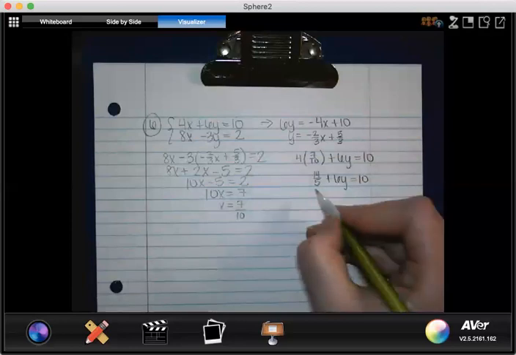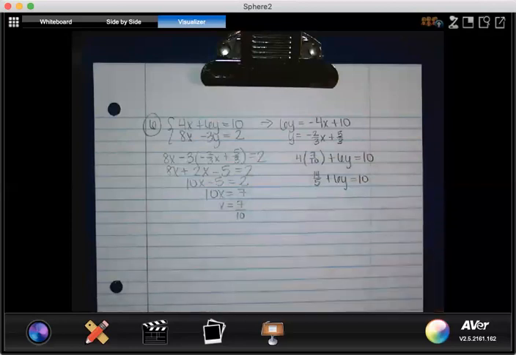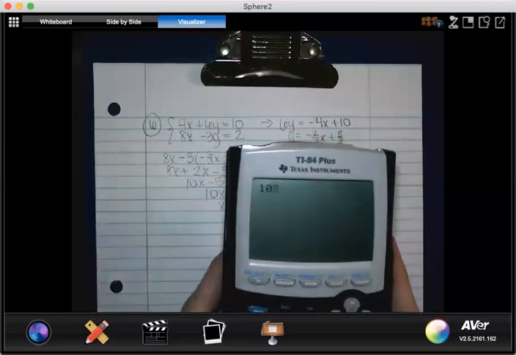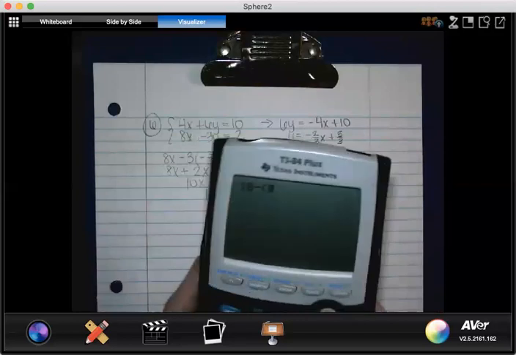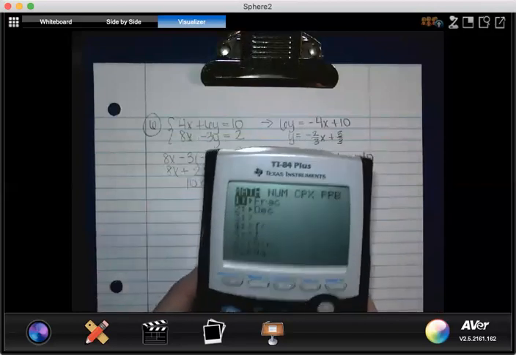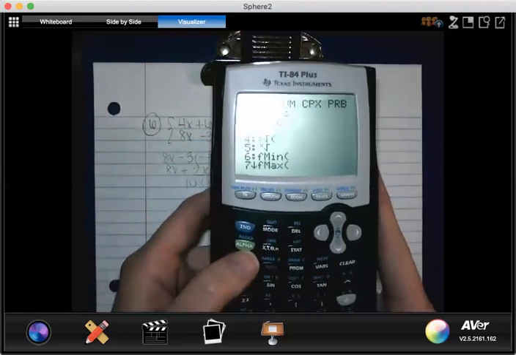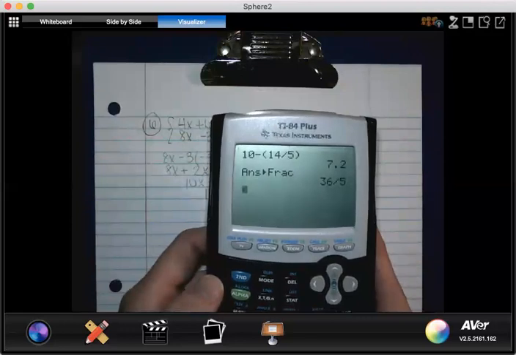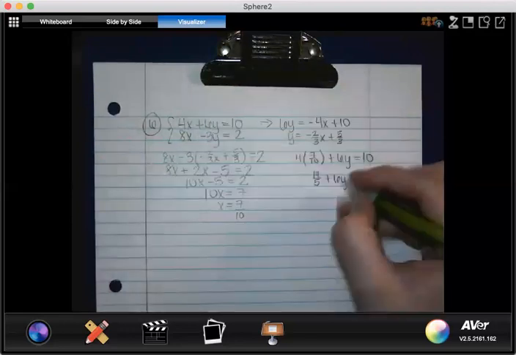Okay, subtract that 14/5 over. Again, use your calculator. 10 minus 14/5. Get a decimal. Hit the math button, third one down. Enter, enter, and you get a fraction, 36/5.